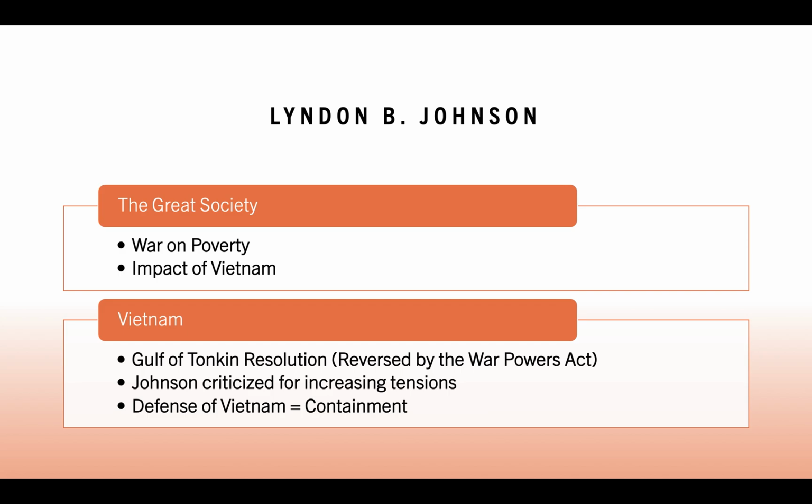That Gulf of Tonkin resolution is going to be reversed by the War Powers Act in 1973. That is where we see the limits for the commander-in-chief being put back into place and really clearing up what the president can and cannot do when there is no declaration of war.